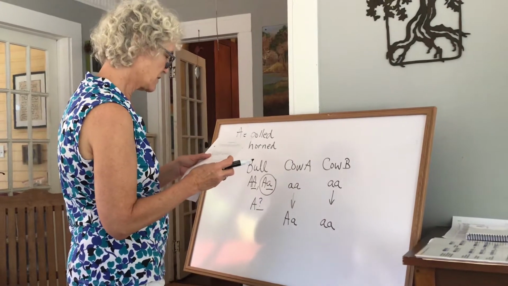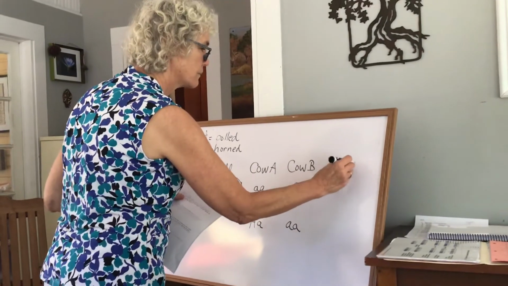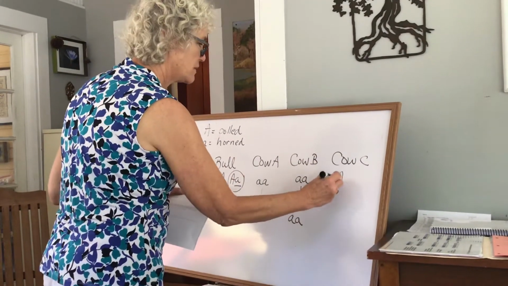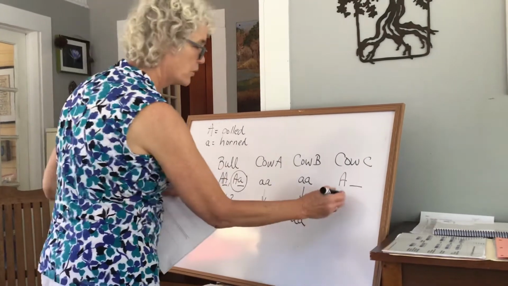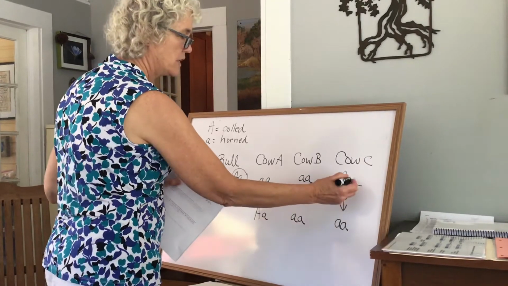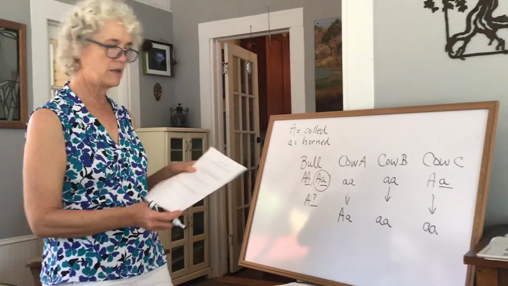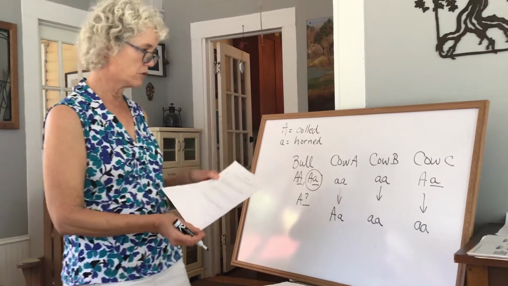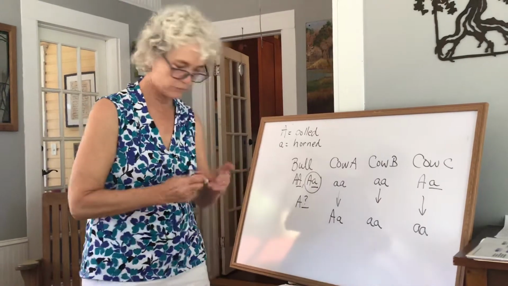And then it says cow C is polled. So she is capital A something, and she produces a horned calf. So now what do you know about her? She has to be capital A, little a. So when you get done reading the problem and writing everything that you know, you're pretty much done with what they asked you to do. So that's how you approach that.